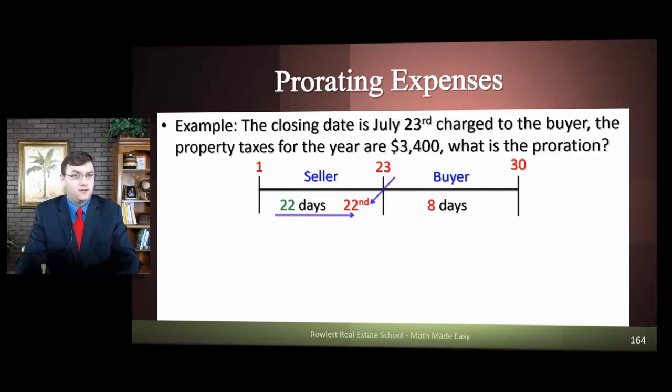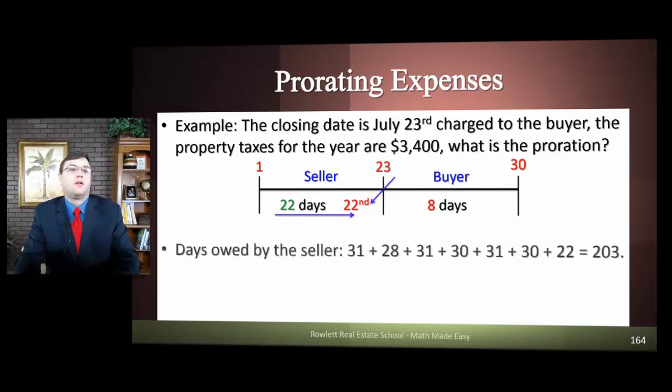We do not count the 23rd because that day forward belongs to the buyer. Everything from January the 1st all the way up until the 22nd belongs to the seller. Now, how you calculate this is use your knuckle trick.